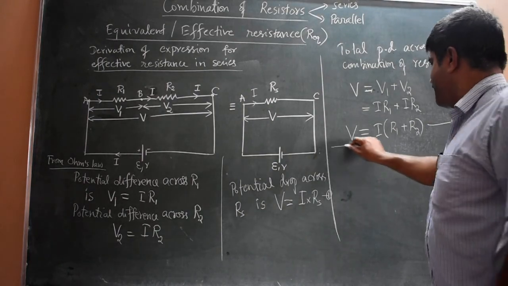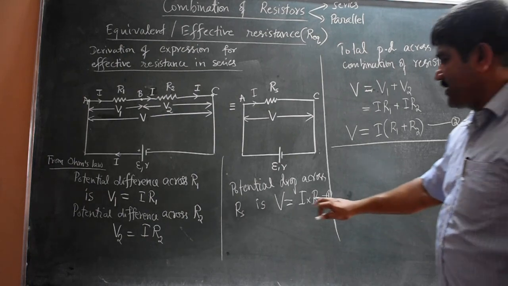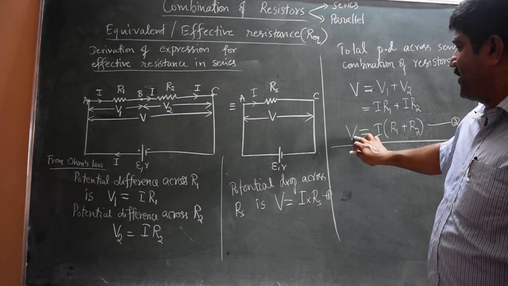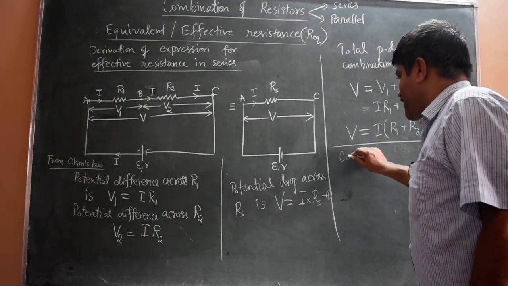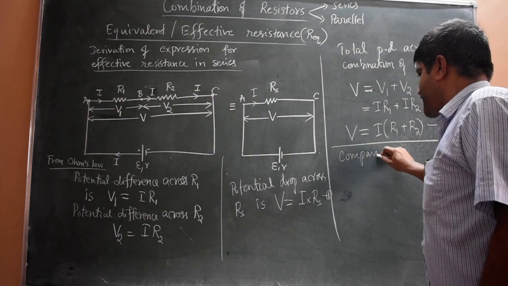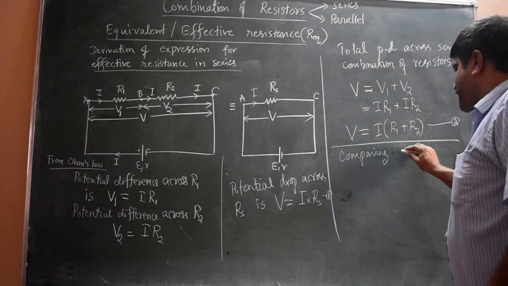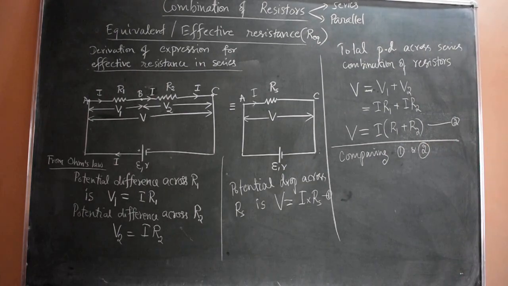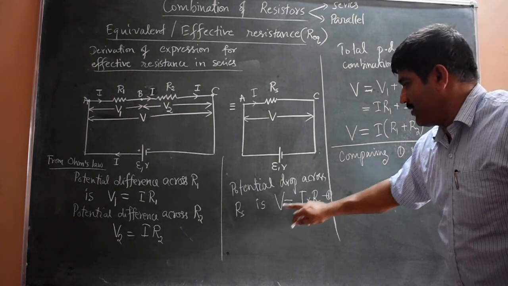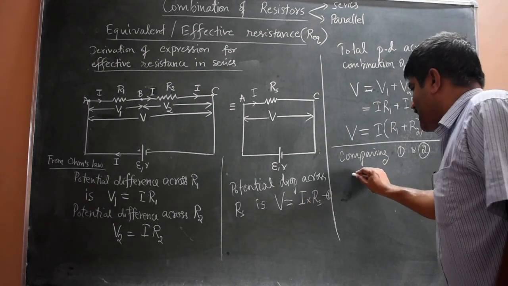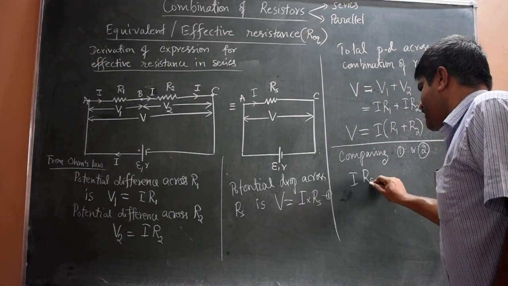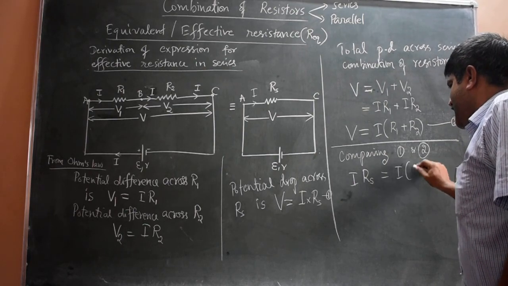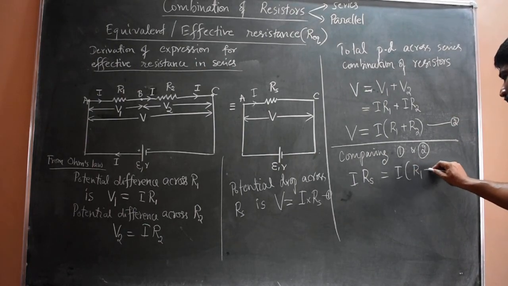Now compare equation 1 and equation 2. We observe carefully that V is there in both. So comparing 1 and 2, V is the same, so I into RS equals I into R1 plus R2.